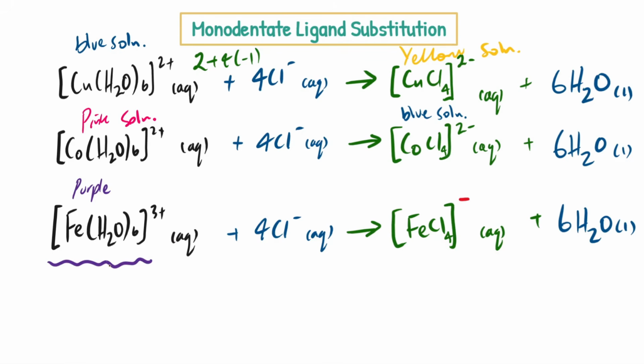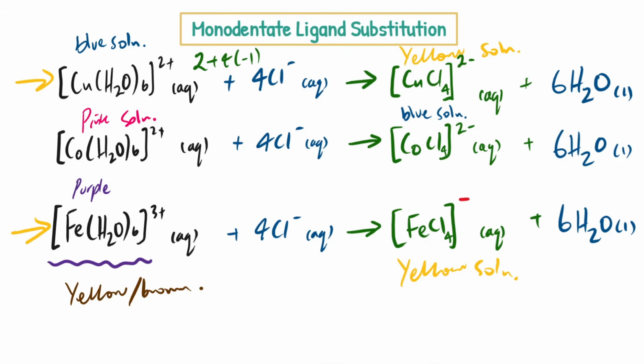So even though purple is correct, you can also put yellow-brown solution, okay? Just keep that in mind. And what is the color of our solution right here? Yellow. Okay, another yellow solution forming here. So do your best to remember these color changes, and you should be all good to go.